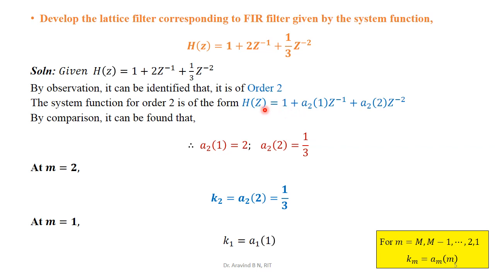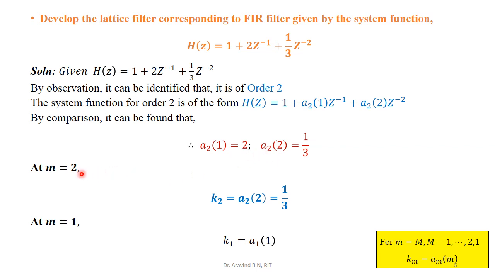Now compare this standard transfer function H of z with that of the given data. What are we going to get? a2 of 1 is equal to 2 and a2 of 2 is equal to 1 by 3. This is what we are going to get, so that is identified over here.